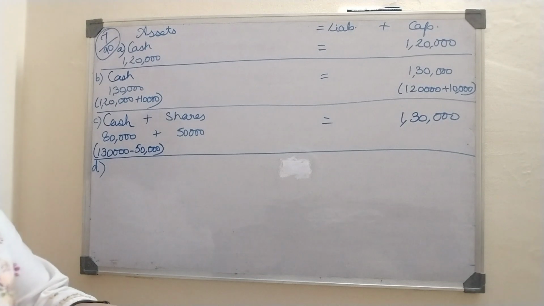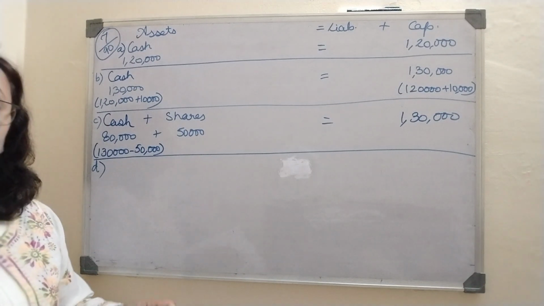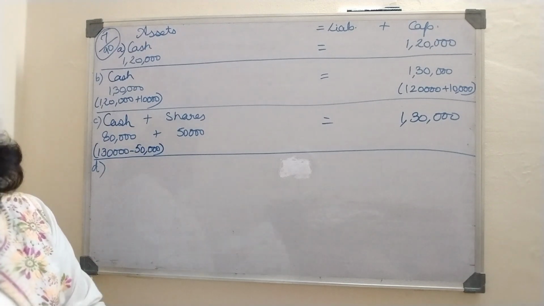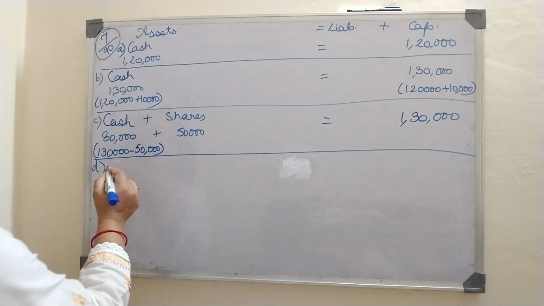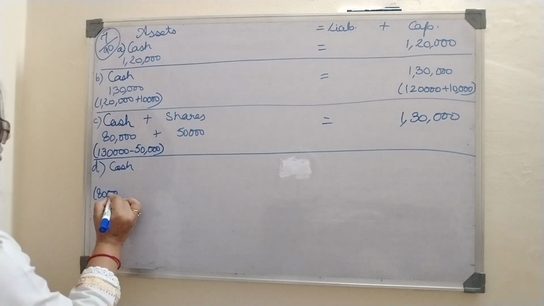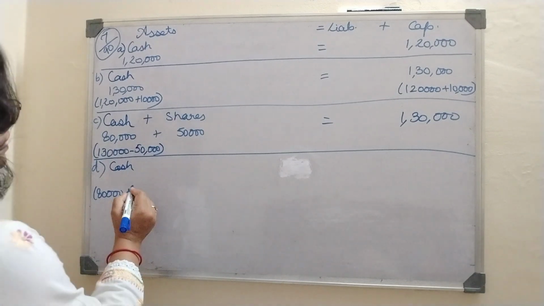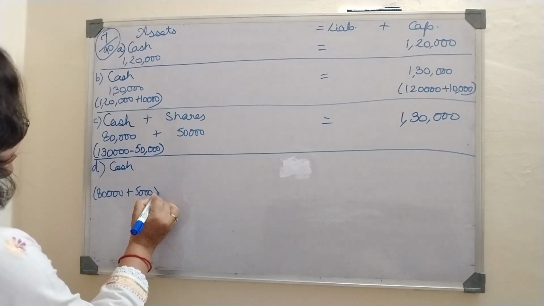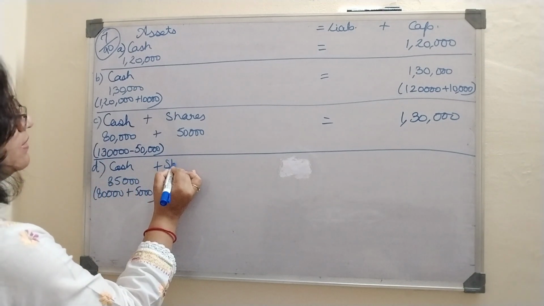Now we go to the fourth part. Received dividend. Dividend is what? When you are earning something on your shares, right? So you are getting some kind of profit. Now this will be added, right? So cash 80,000 plus, I think it is 5,000. So 80,000 plus 5,000 becomes 85,000 plus shares.